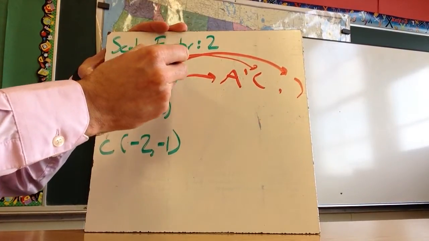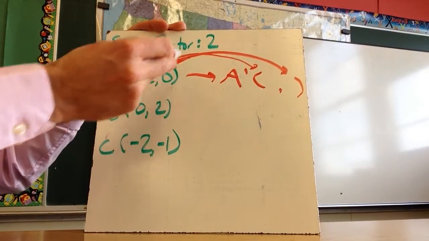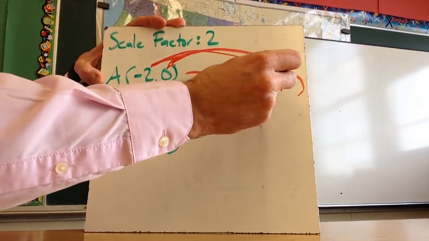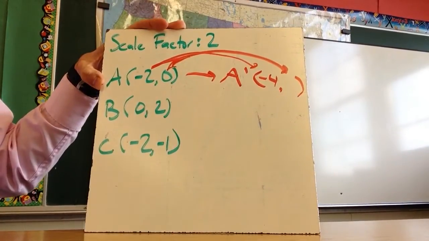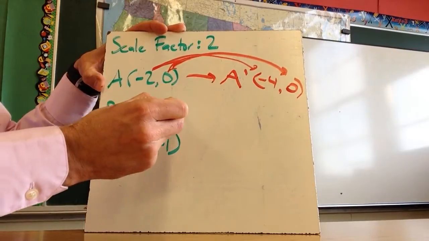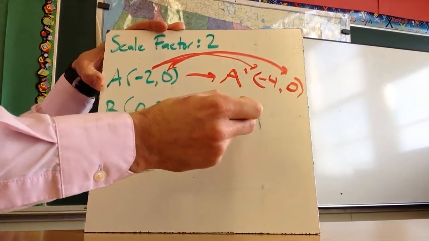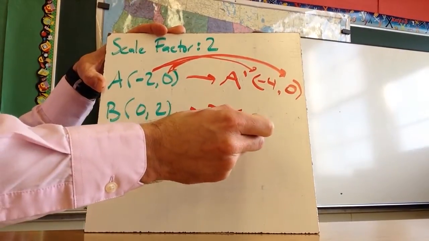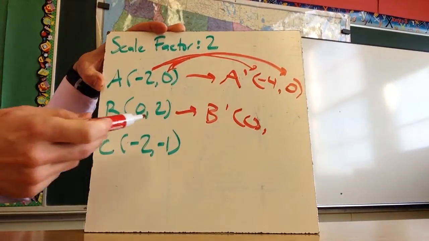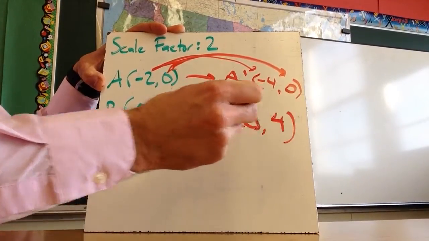Sorry, that should have been there. All right, so negative 2 times 2 is negative 4. And then 0 times 2 is still 0. Then to find B prime, it's going to be 0 times 2, which is 0, and then 2 times 2, which is positive 4.